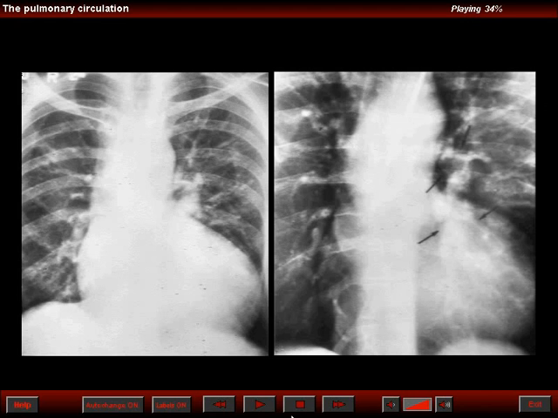In other words, in all these three modalities, there is increased pulmonary blood flow coming from the truncus directly into the lungs. However, there is a type 4 where there are no pulmonary arteries.